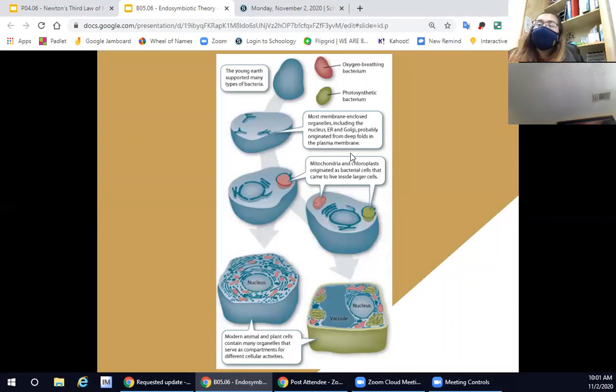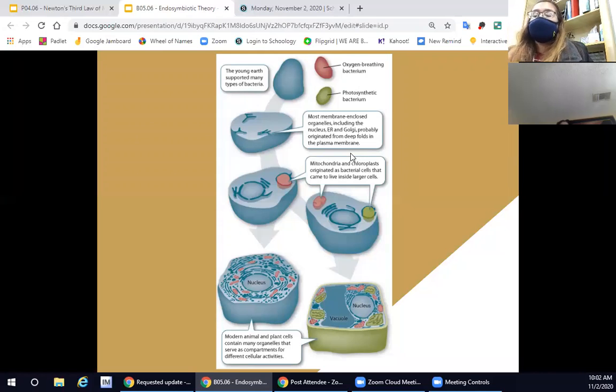So this is what the theory states. The young Earth was supported by many types of bacteria. We had large bacteria, we had oxygen-breathing bacteria, and we had sun energy bacteria. Most membrane-enclosed organelles, including the nucleus, ER, and Golgi, probably originated from deep folds in the plasma membrane.